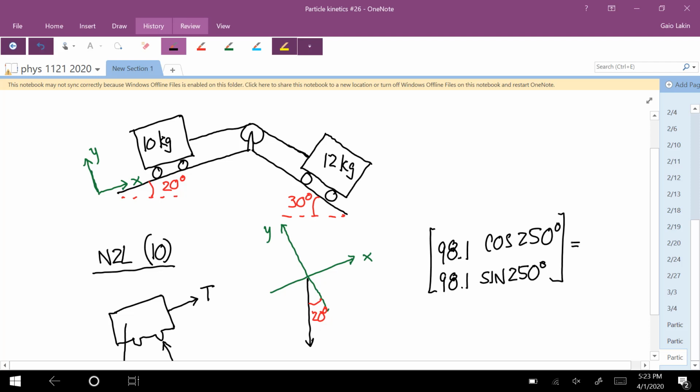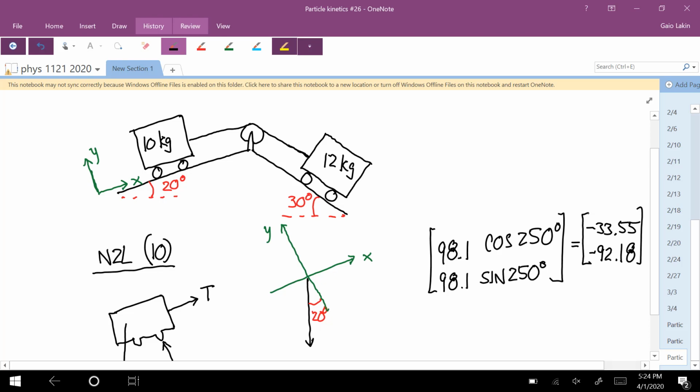Let me calculate those components. The x component is negative 33.55, and the y component is negative 92.18.